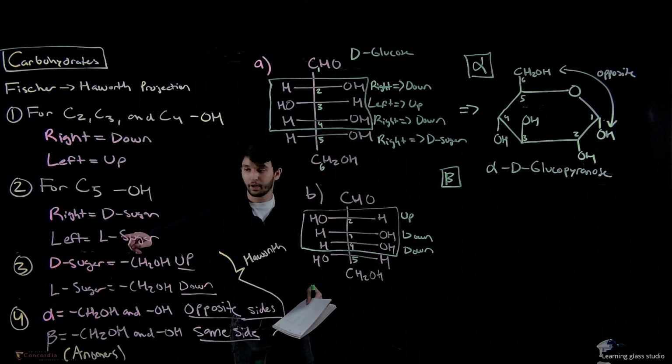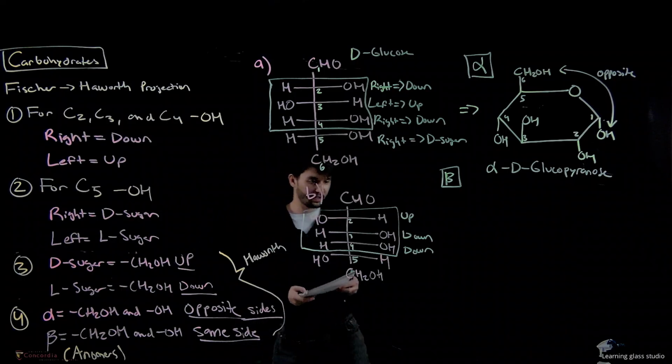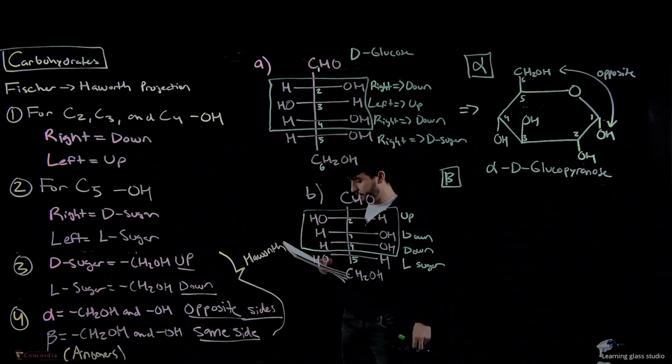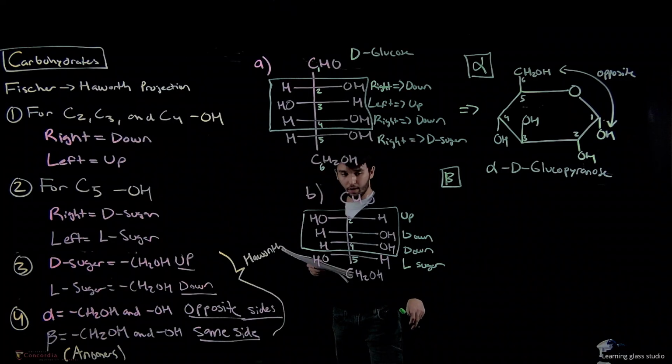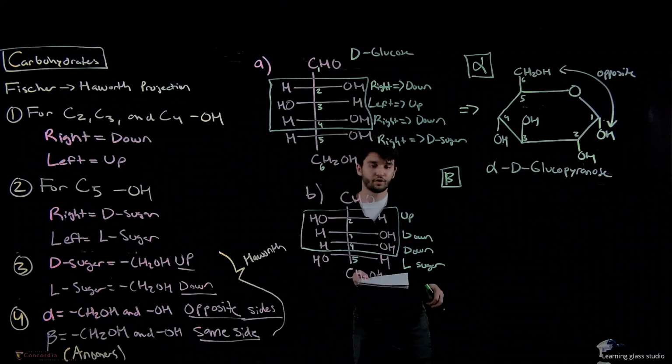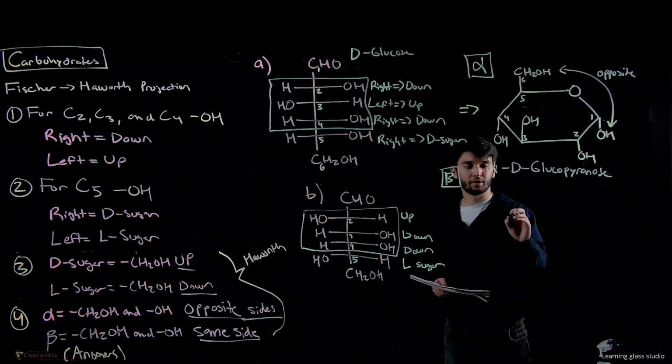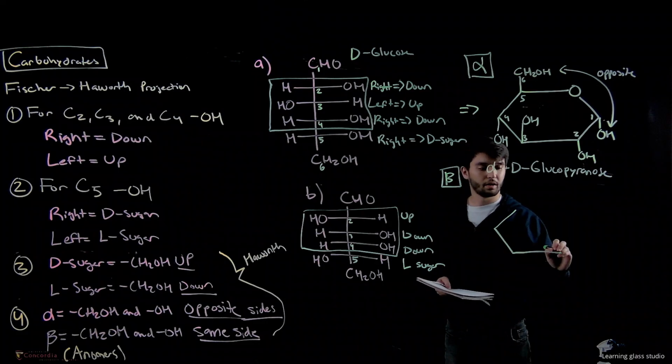Carbon 5, this one is on the left, so this represents an L sugar. Now, we know this is an L sugar, so we know this CH2OH is going to be down. This is also going to be a pyranose, so it's going to be a 6-membered ring.